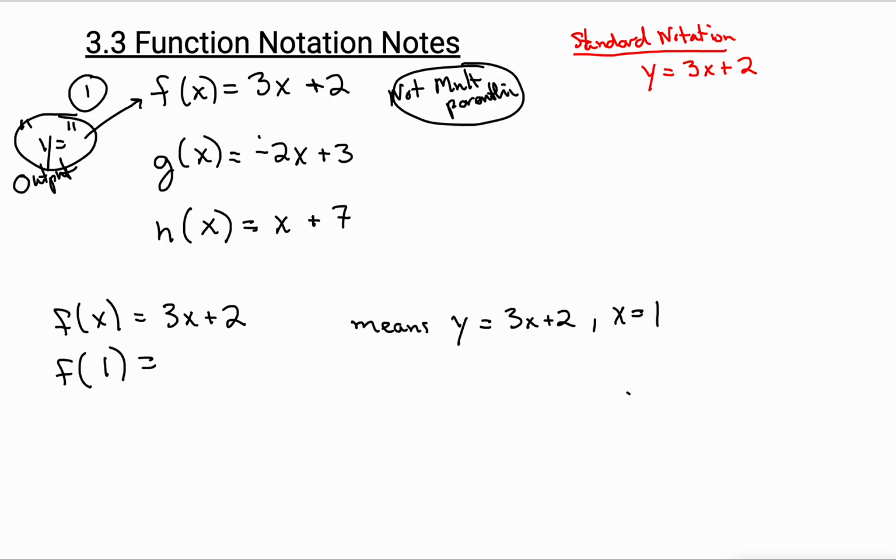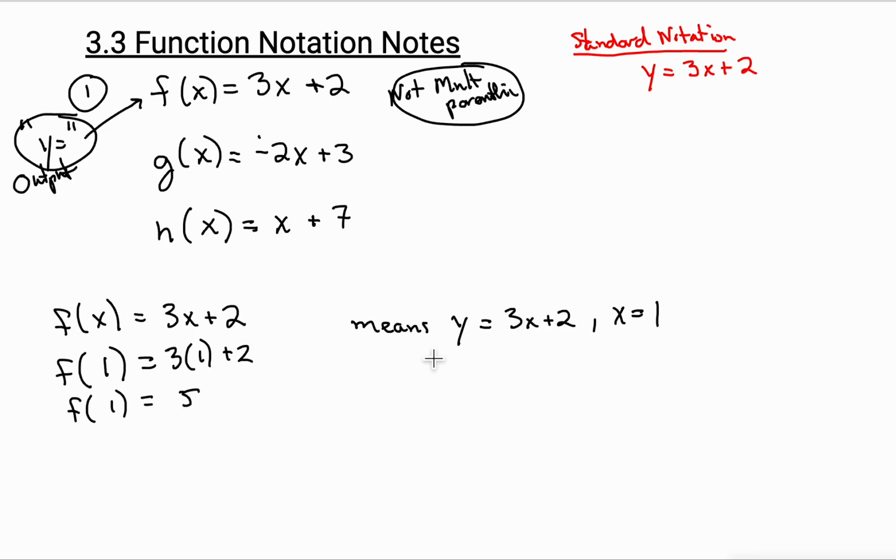That's what we're saying here, just in a different way. It's just a shortened version of that. So when x is 1, we can substitute 1 in for x and simplify it. We rewrite it, bring it down. F of 1 equals 3 plus 2 is 5.